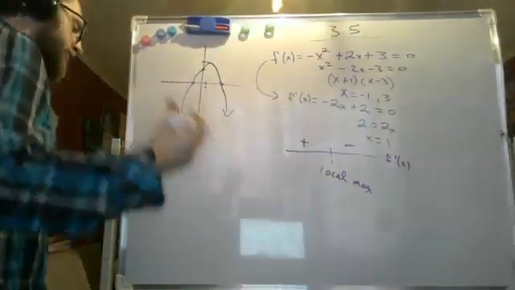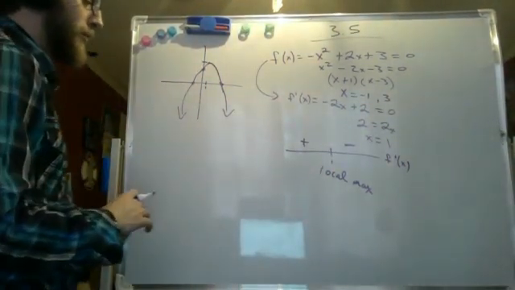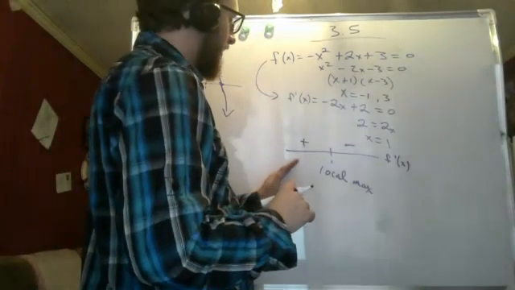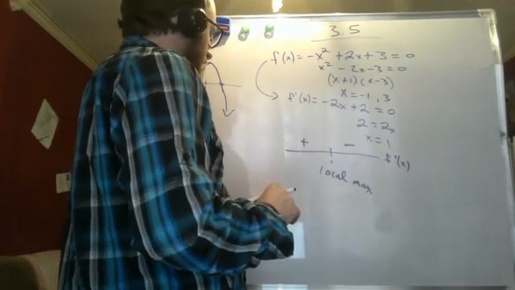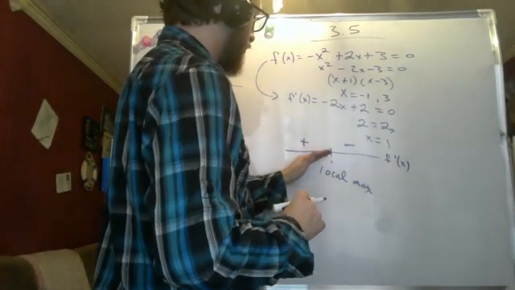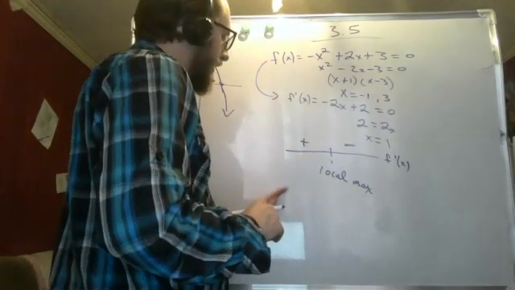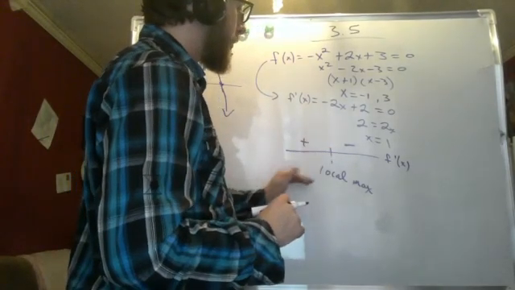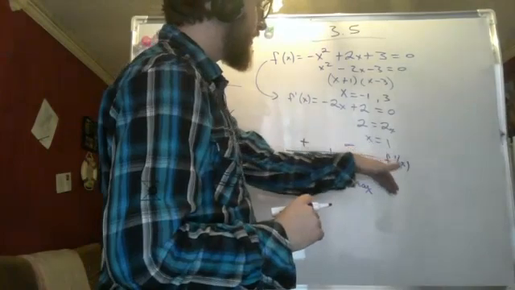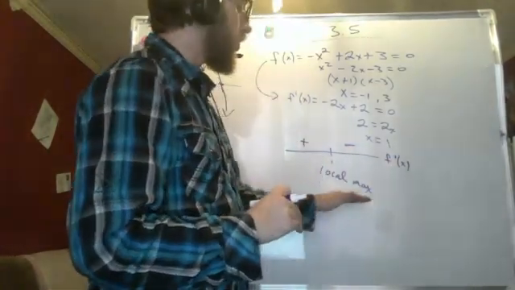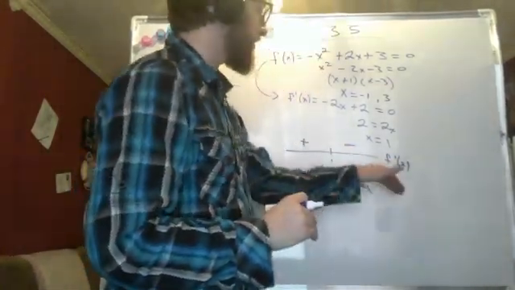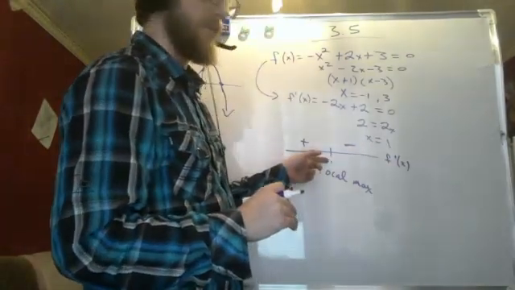But just like before in that last problem we talked about, I'm forever increasing from the left side. That means I'm increasing as I get closer and closer to 1. Everything to the left has to be smaller than it. But after 1, everything is decreasing forever. So for all the values to the right of it, it has to be lower than f of 1.